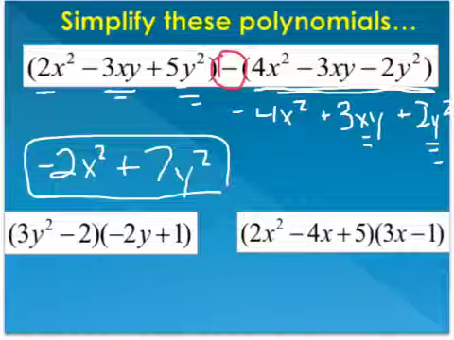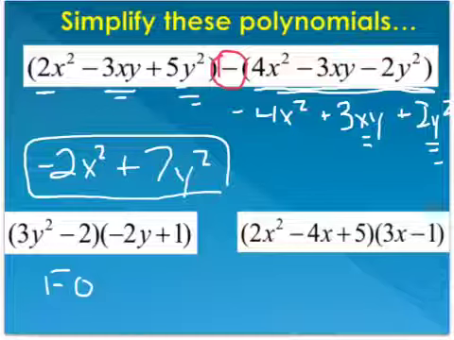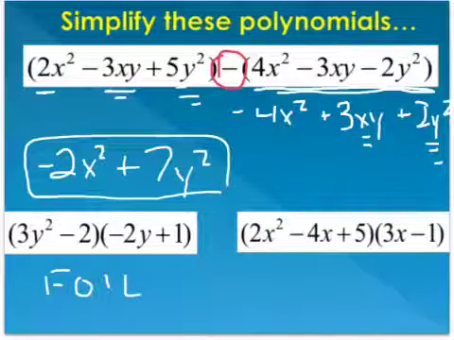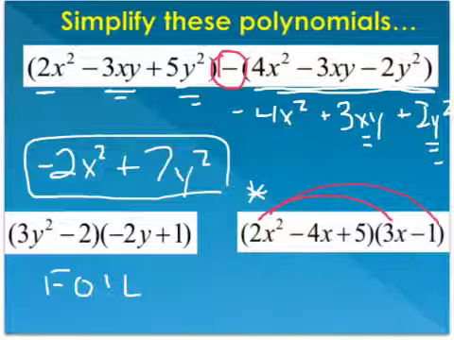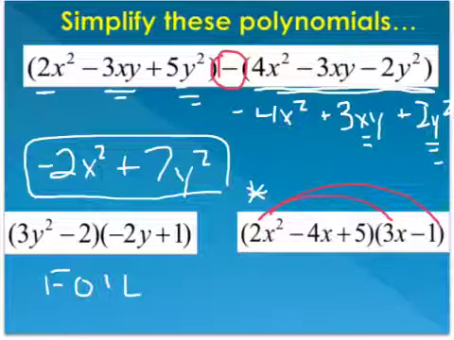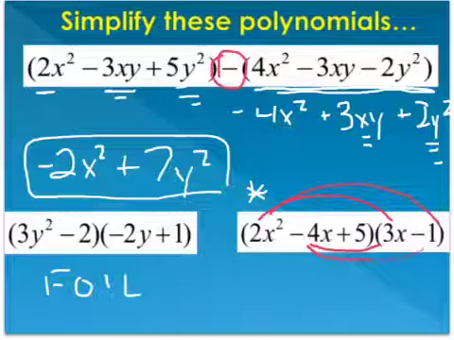I want you to try the next one down here. This is simply FOIL. Distributive property. Alright, but in trying the third one over here on the right side, I want you to be super careful because it's a little bit more than FOIL. You're going to have to take that times that, and then you have to do this one twice.